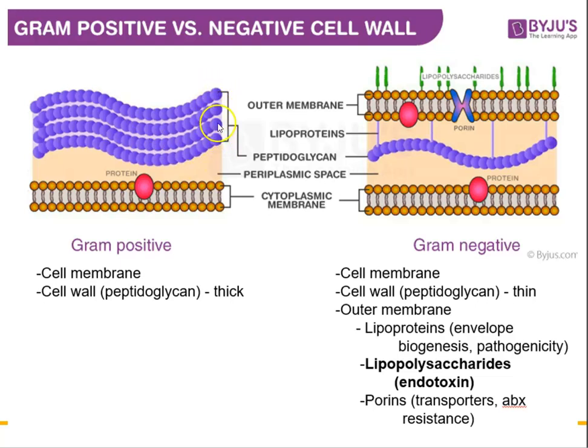Remember, gram-positive is going to have a very thick wall. Go over here to gram-negative, you can see it also has a cell membrane. It also has a cell wall, but notice how thin it is. And then notice it has an additional membrane outside of all of that.